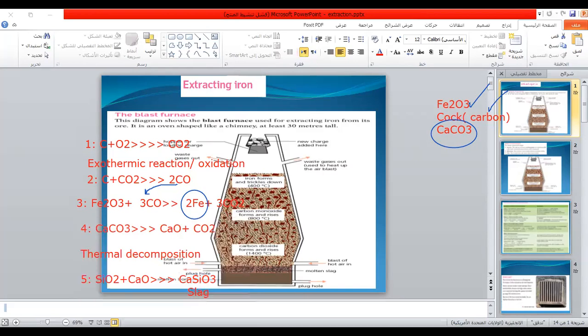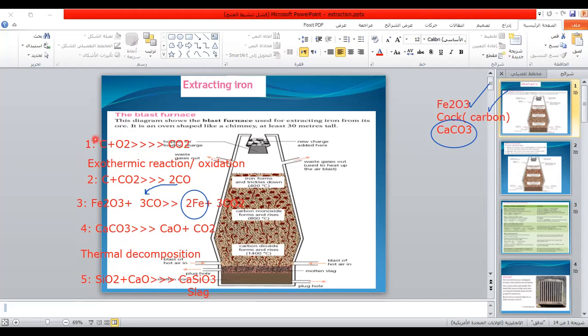So by these reactions, from equation number 3, I extracted iron by a reaction between hematite and carbon monoxide. And in equation number 5, I remove impurities by a reaction between calcium oxide and silicon dioxide.